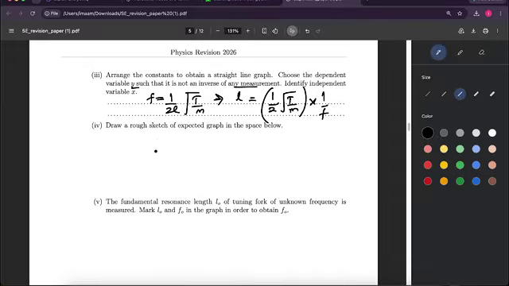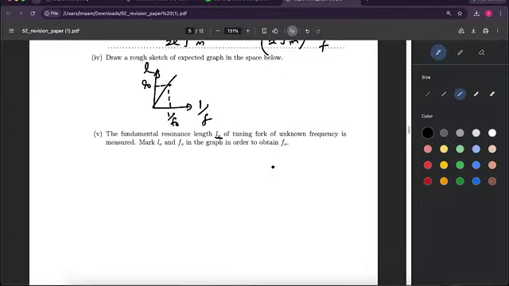Draw the rough sketch. This is in the form y equals mx, therefore L against 1 over f. Mark the fundamental resonance length L naught of the tuning fork of unknown frequency that is measured. If this is L naught, then here it will be 1 over f naught. So we can find 1 over f naught, and from there we can find f naught.